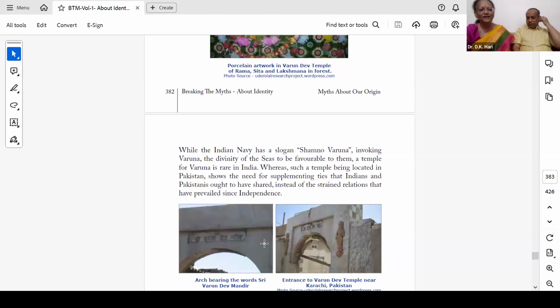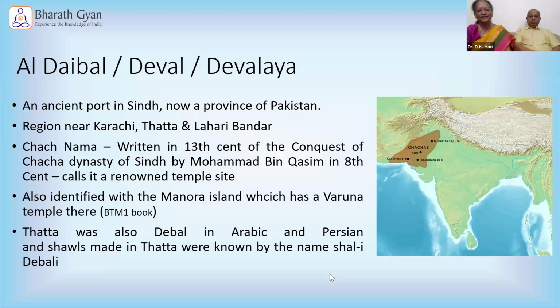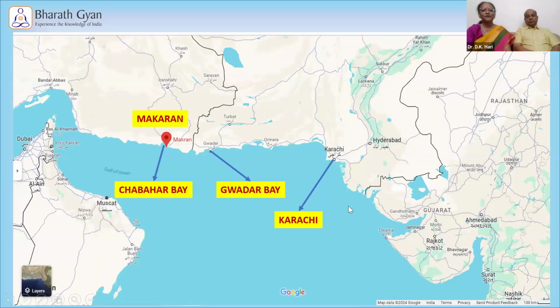So from here, now look at Makaran. Now you'll be able to piece these things together very nicely. So here is Karachi, okay? And this is where Makaran is. This entire coast was called the Makaran coast even during the times of Alexander.